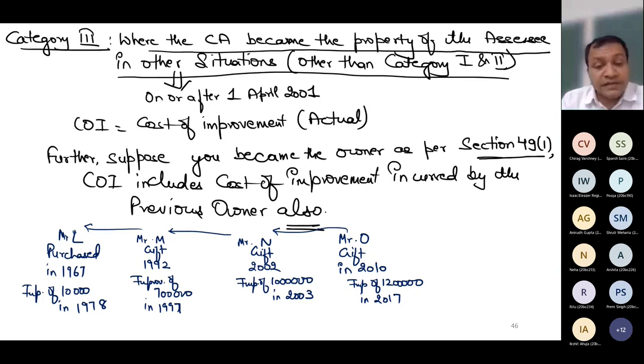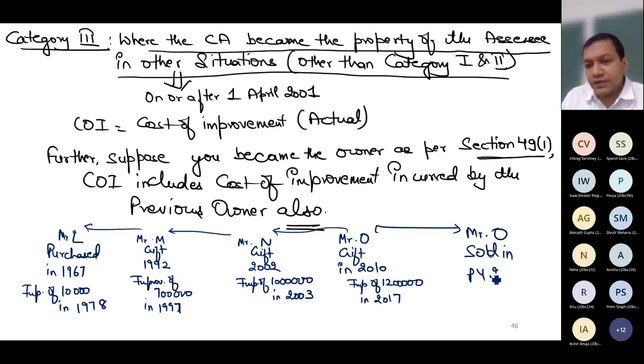Mr. M also did an improvement of 7 lakh in 1997 and transferred this property to Mr. N as gift in 2002. Mr. N also did an improvement in 2003 for 10 lakh and gifted the property to Mr. O in 2010. Mr. O also incurred 12 lakh in 2017 and finally Mr. O sold it in the previous year 2021.